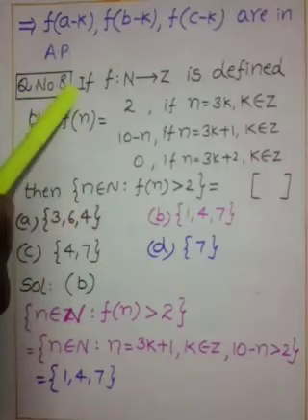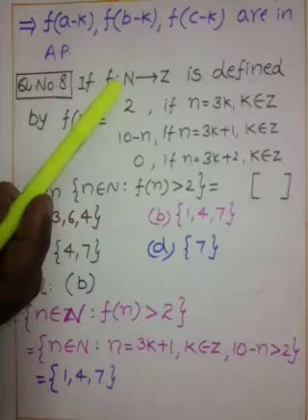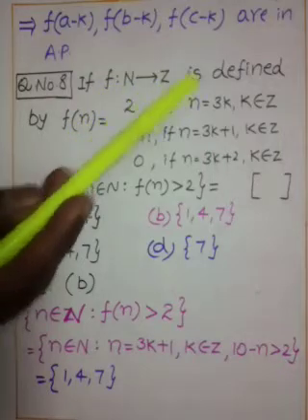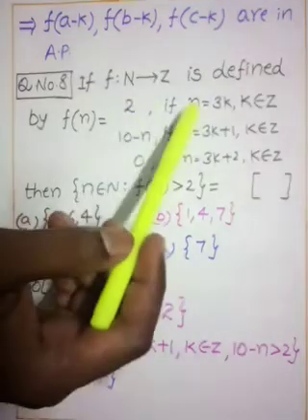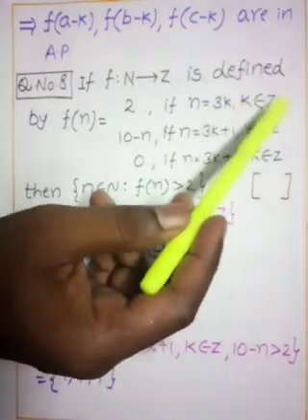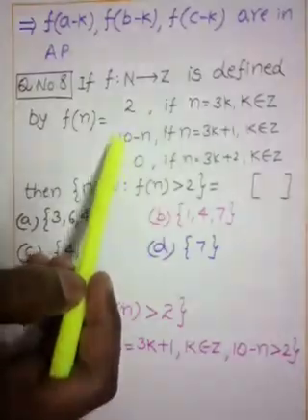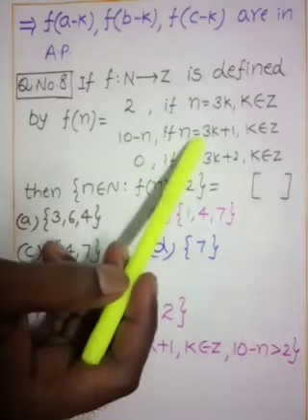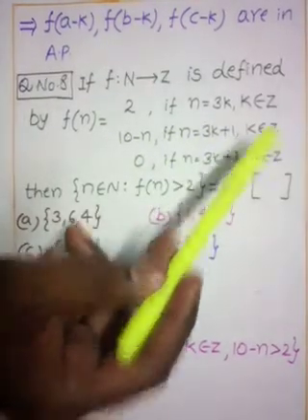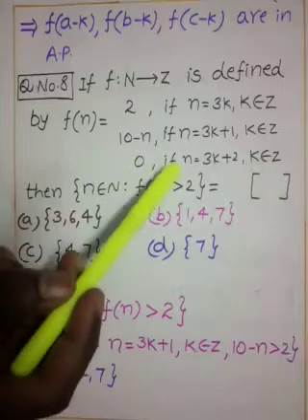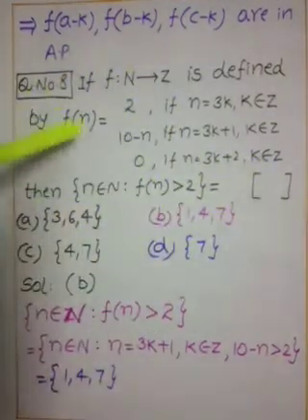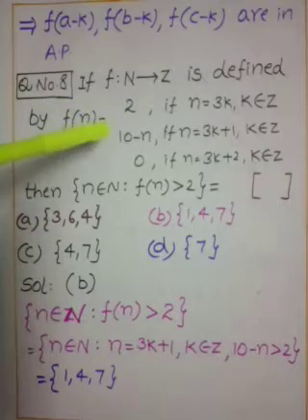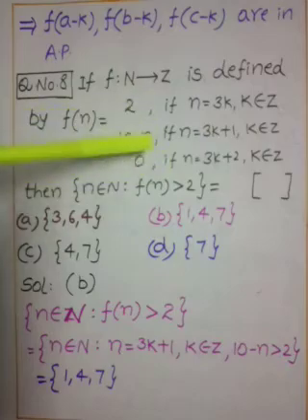Right. Now come to question number 8. If f is a mapping from N to Z defined by f of n is equal to 2 if n is equal to 3k, k belongs to Z, equal to 10 minus n if n is equal to 3k plus 1, k belongs to Z, equal to 0 if n is equal to 3k plus 2, k belongs to Z. Here also the function f is a piecewise defined function, because the function is defined in three different ways.